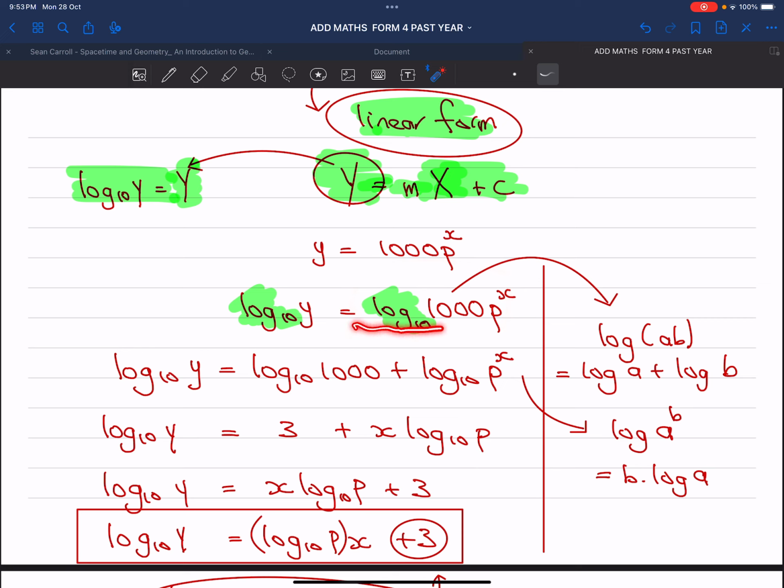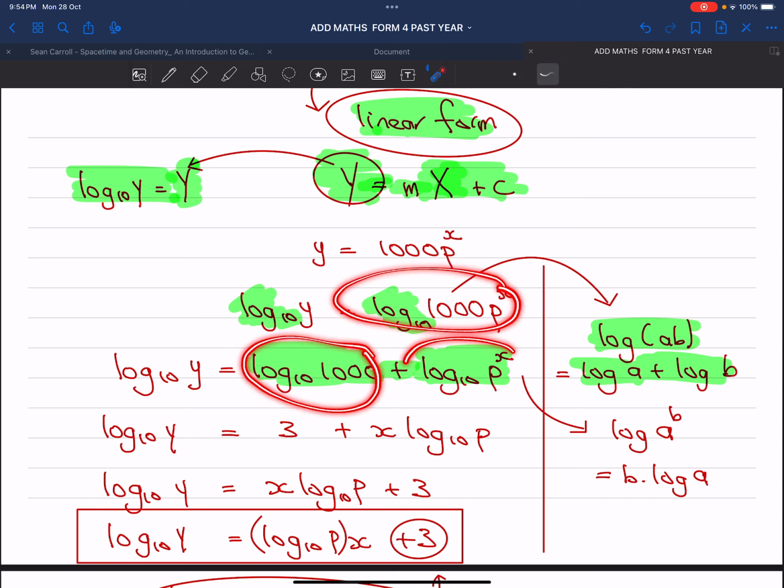This log 1000 p power x has the form of log a times b, and from the notes, log a times b is log a plus log b. Therefore, log 1000 times p power x will become log 1000 plus log p power x. The one log term has become two terms.